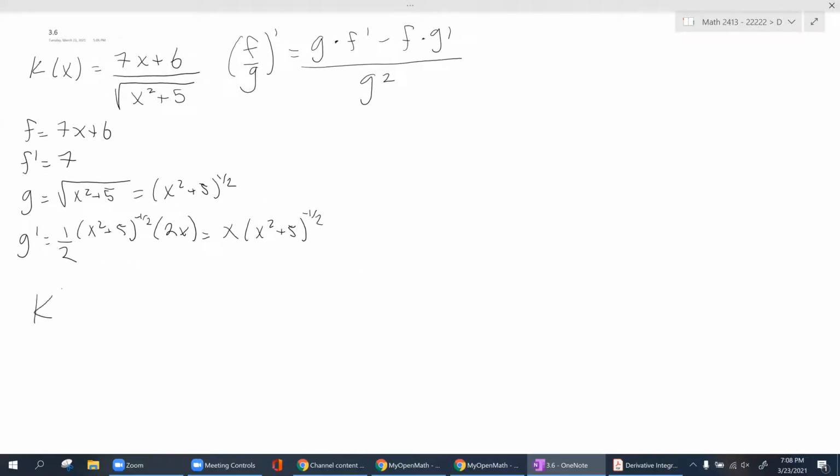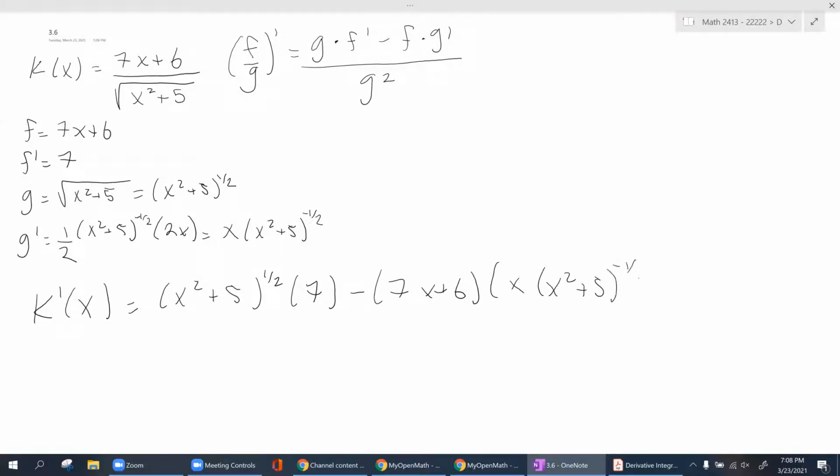Meaning k prime of x is just the bottom, which is x squared plus 5 to the 1/2, times the derivative of the top, 7, minus the top times the derivative of the bottom, all over the bottom squared.